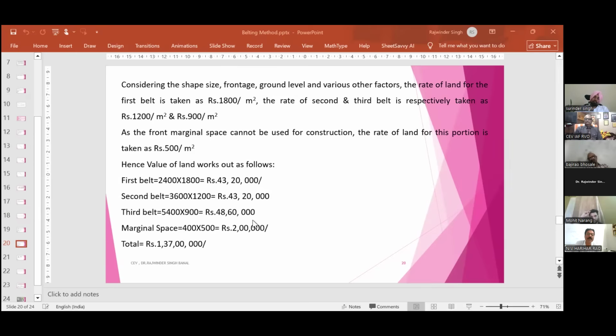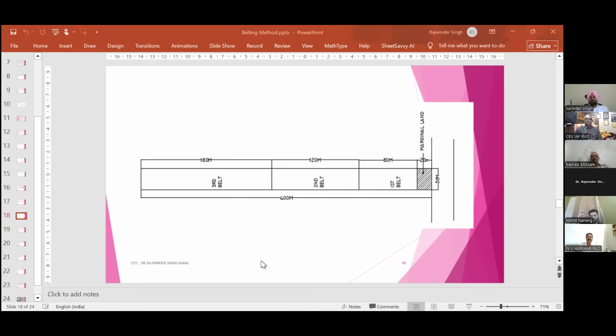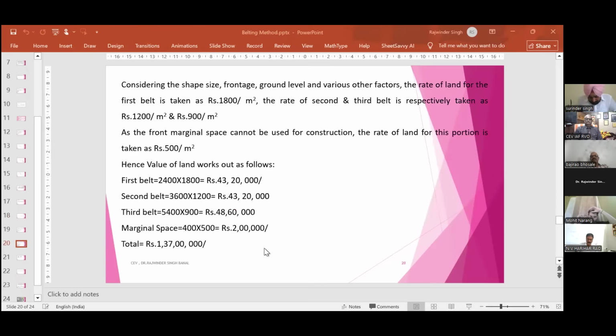Sir, marginal space 600, no? So, sir, 600 into 20. Just, this is just calculation error. So see here, why it is hypothetical? This is just for calculation work. This is not actual belting.